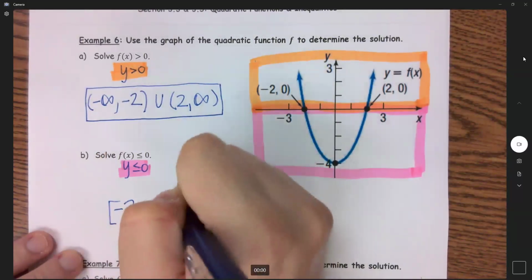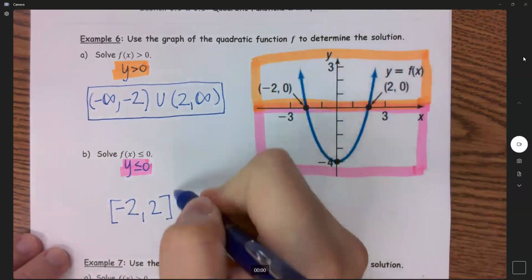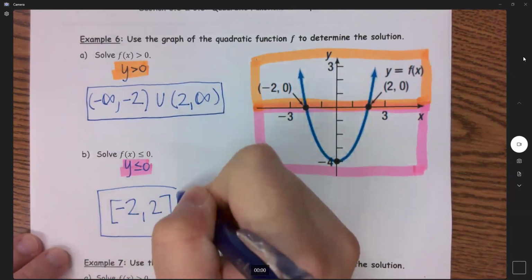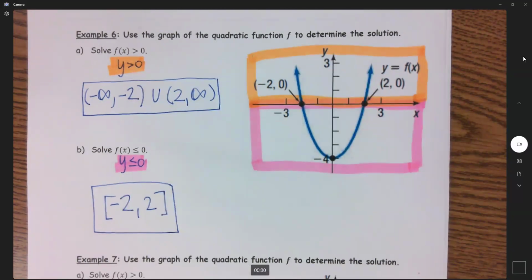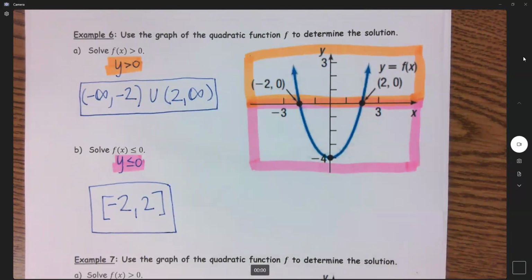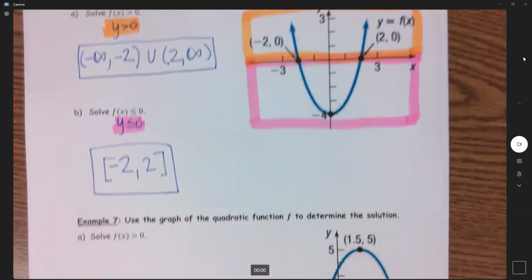And so these get brackets. We're going to do another example of this, in example 7. See if you can pause the video and answer example 7, and then hit play and we'll continue.